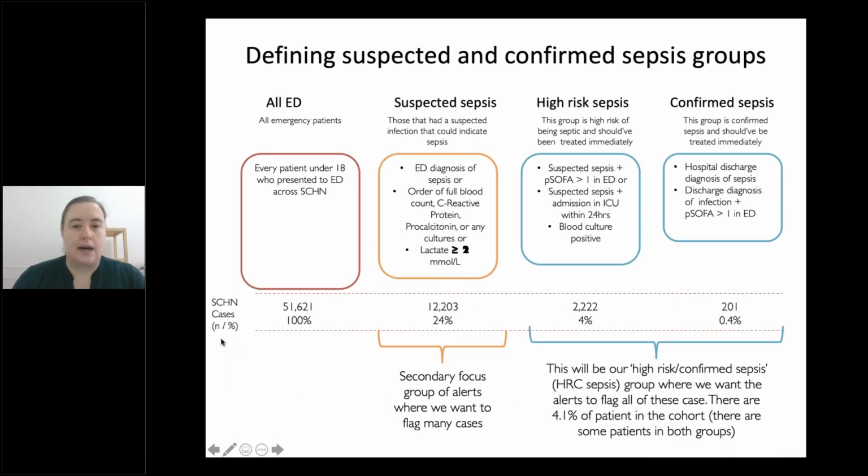For us, the hardest thing has been to define what actually is suspected sepsis and what is sepsis, because it's obviously not necessarily a diagnosis. So this has probably been a year-long analysis to actually define who is confirmed as having sepsis and who is suspected of having sepsis.